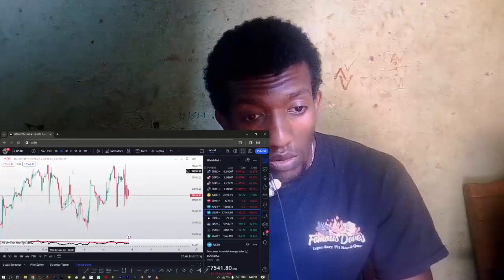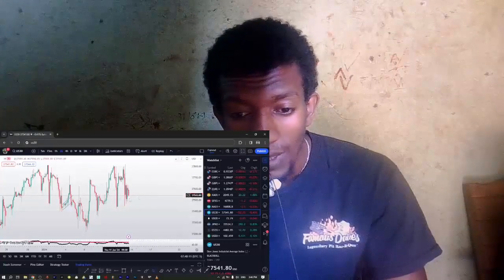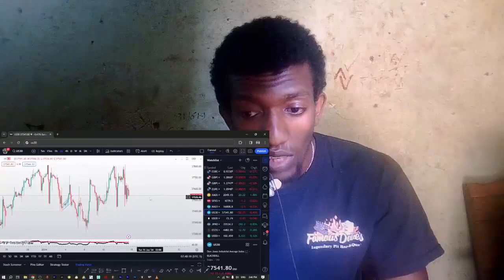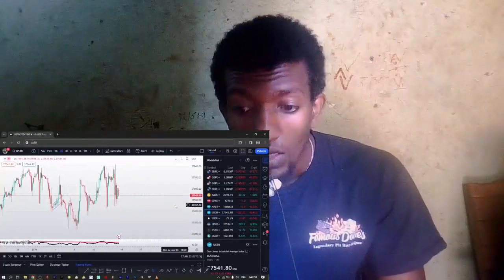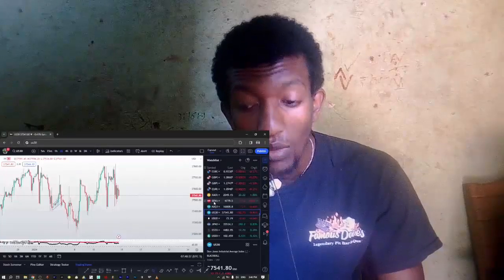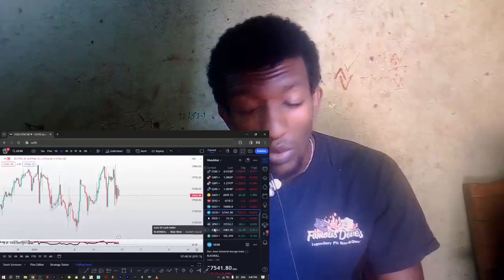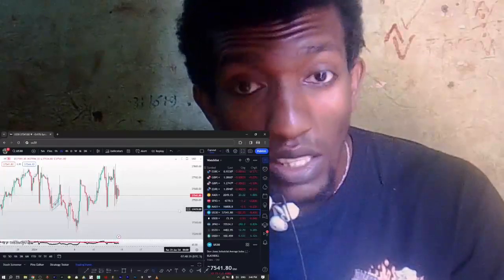So this US 30 represents Wall Street, the index Wall Street. As you can see, it is now at 37,700. So these are called indexes: US 30, Nasdaq 100, S&P 500, Japan 225, Euro stocks, and dollar index.